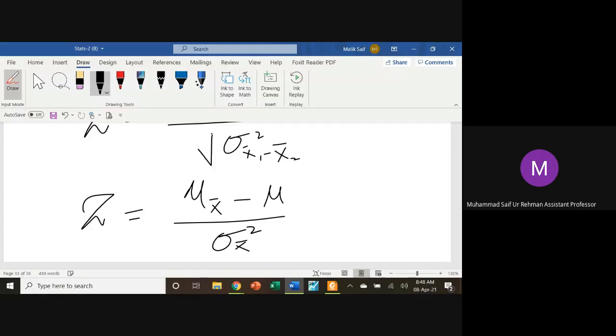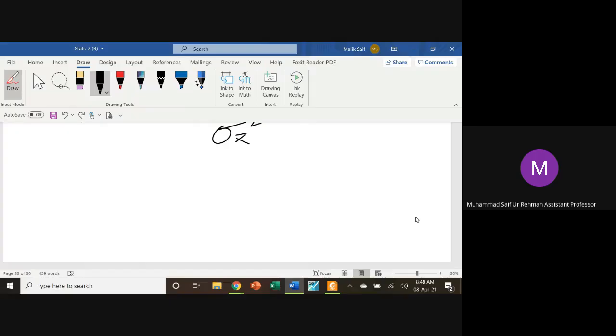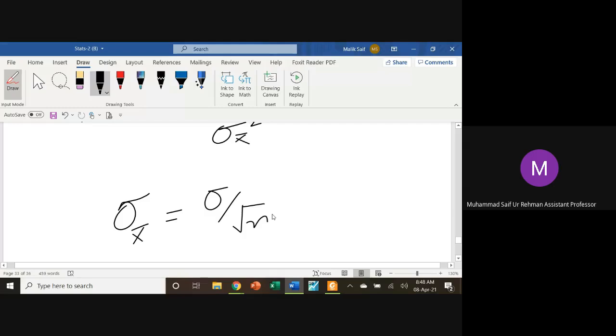Definitely, there is square root on this. No, sorry, square root is not there. This was the value. Basically, we are saying that sigma x bar was equal to sigma divided by square root n, and we had proved this when we were on campus.